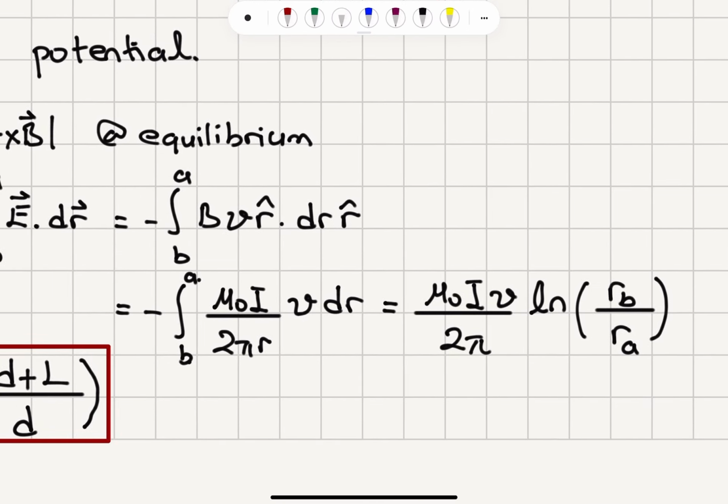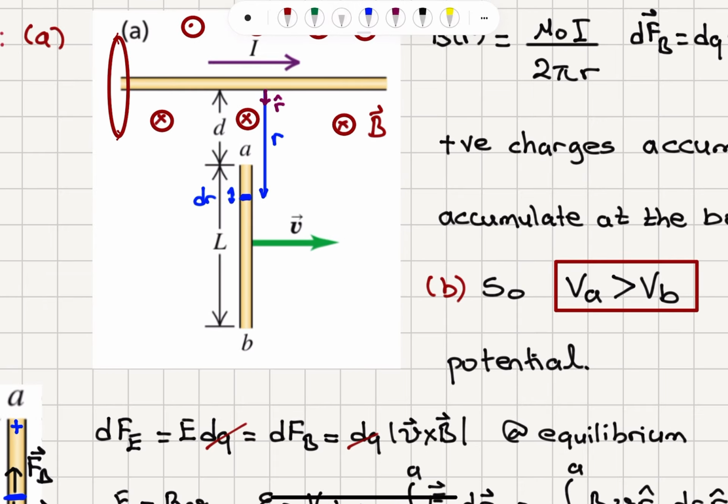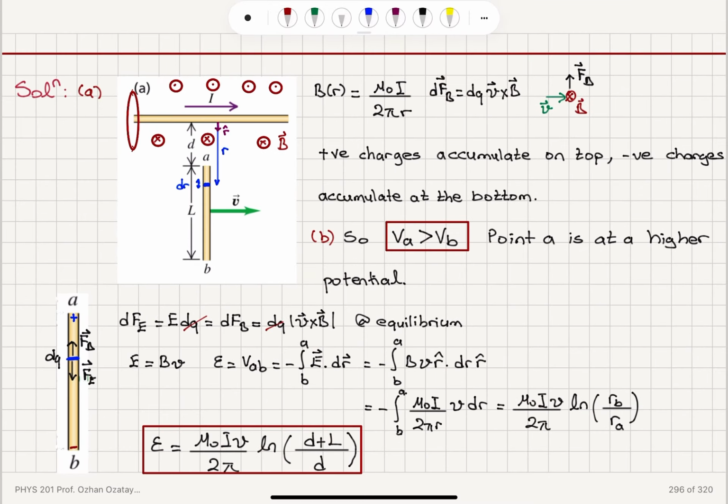And the minus sign changes the limits here from b to a to b, and that's going to be the integral result, natural logarithm of r evaluated at rb minus evaluated at ra. So that gives me this result, and I notice that rb is L plus D, ra is D. So that gives me the induced EMF.